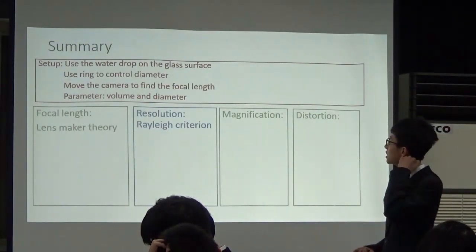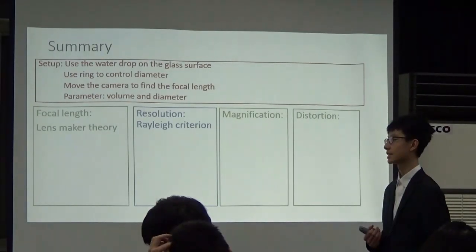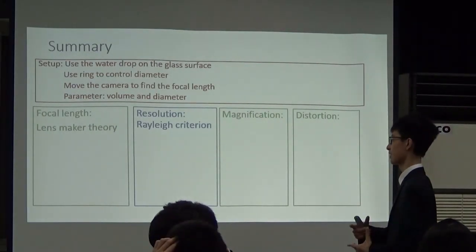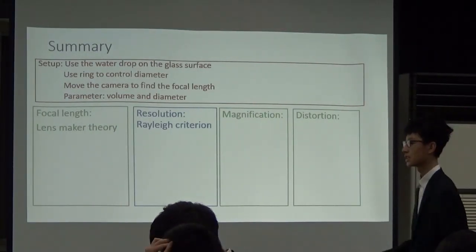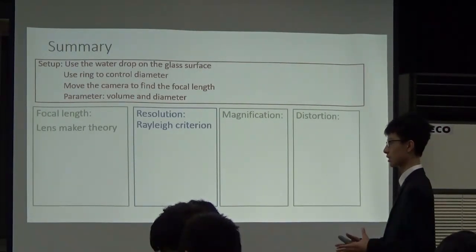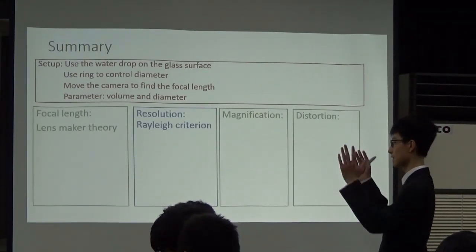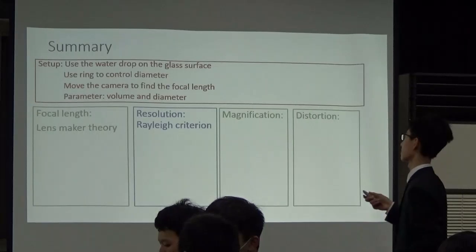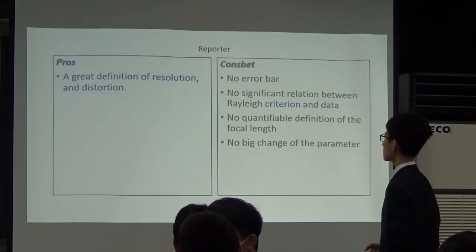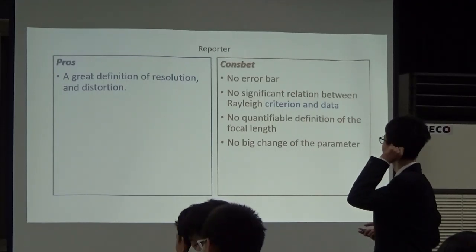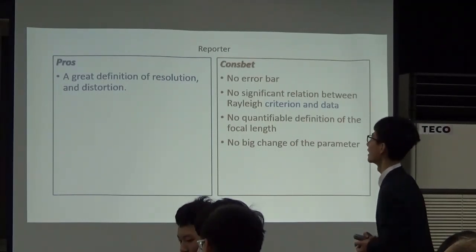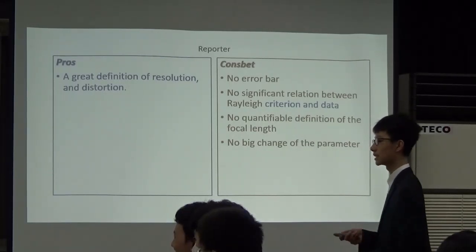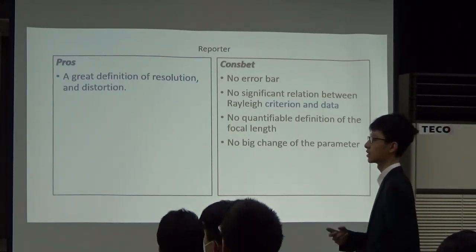The magnification is defined as the size change of the object observed in the camera. For distortion, they found that the distortion becomes quite big at the border of the document. Here are some pros and cons of the report. They have a great definition of the resolution and the distortion, and it helps us better know the depth.